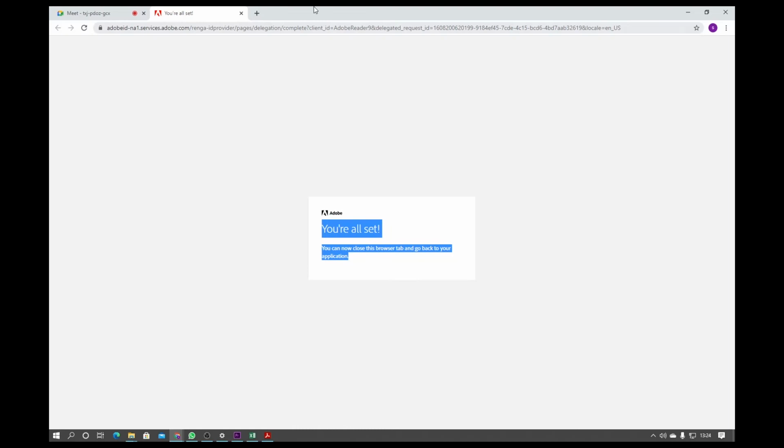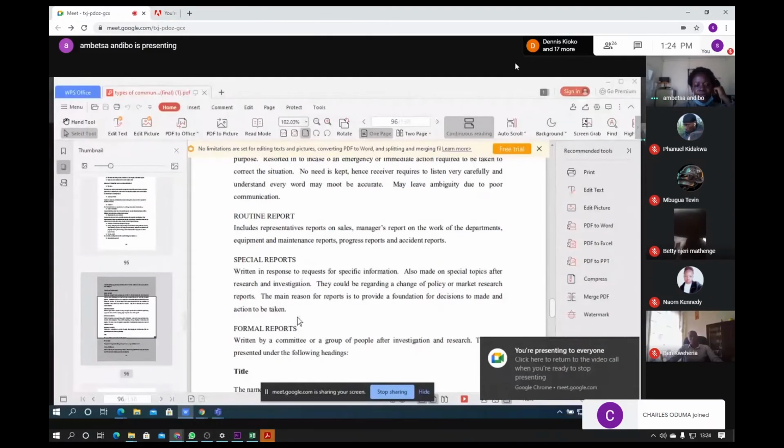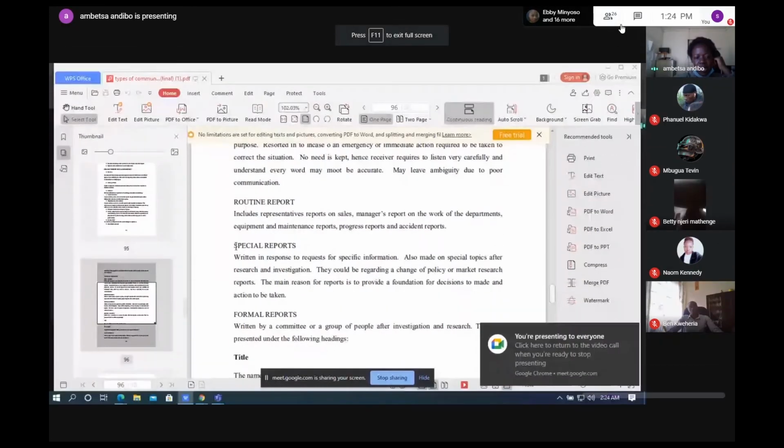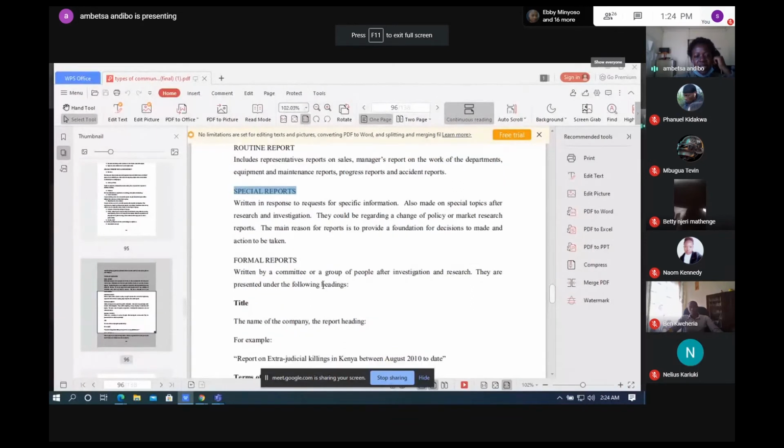Then we have special reports. So they are written in response to requests for specific information. So say, for example, there's been a drop in sales in a certain establishment. Or let me give an example of Kabete.